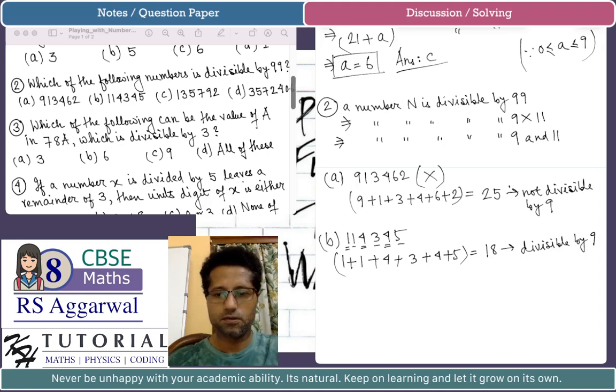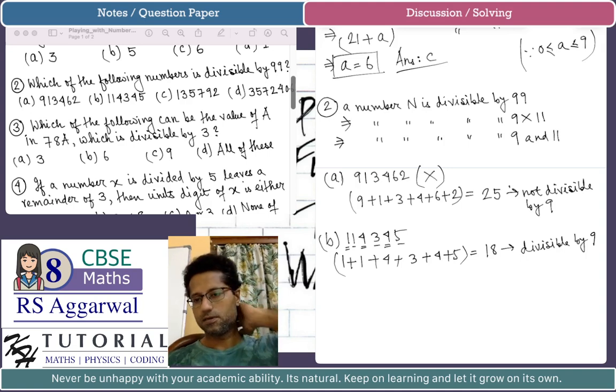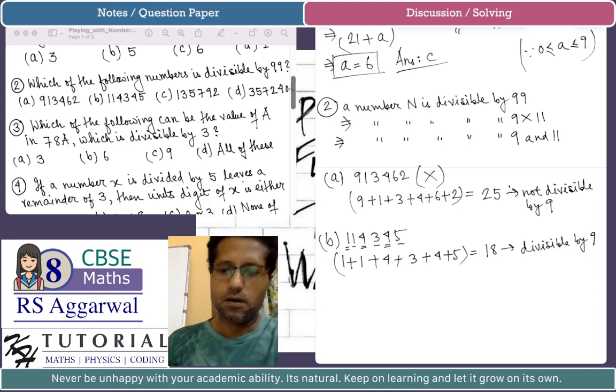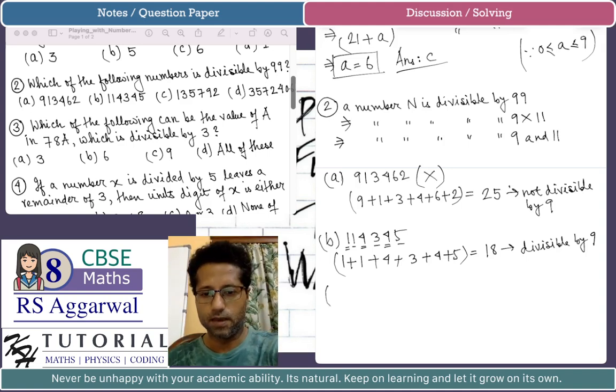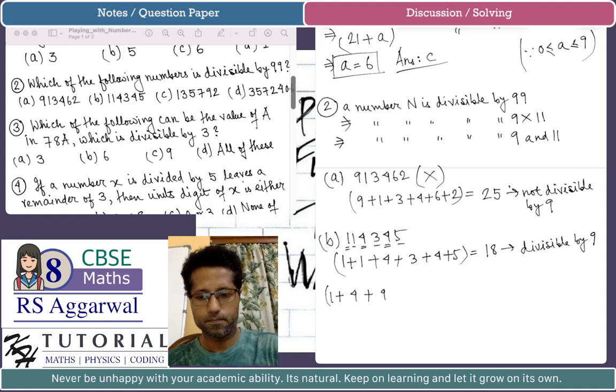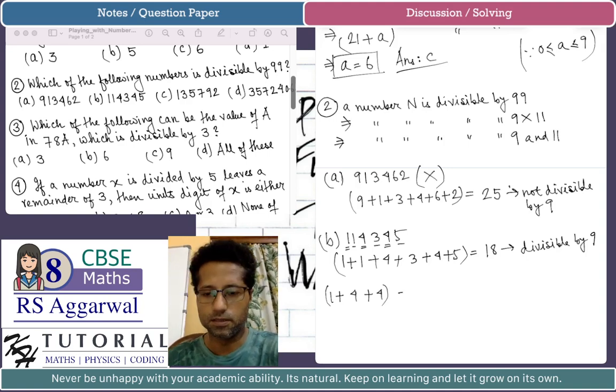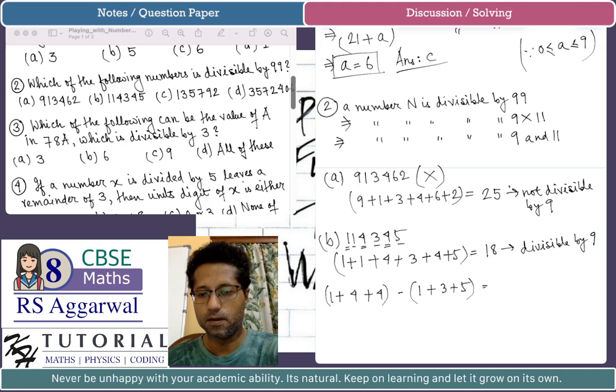The sum of the digits at odd places is 1 plus 4 plus 4, which is 9, and the sum of the digits at even places is 1 plus 3 plus 5, which is 9. So the difference is 9 minus 9, which is equal to 0.